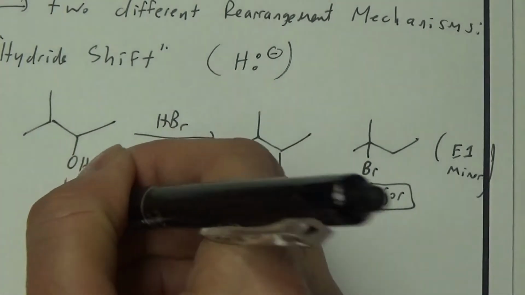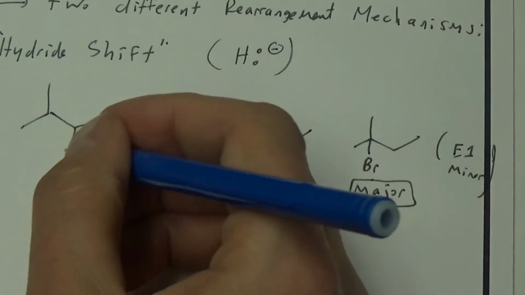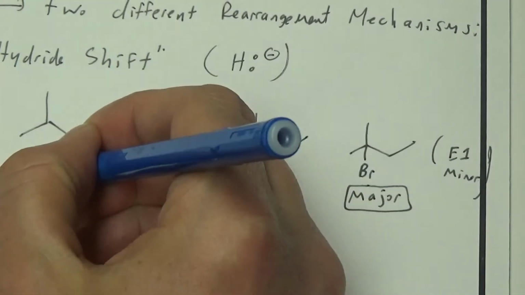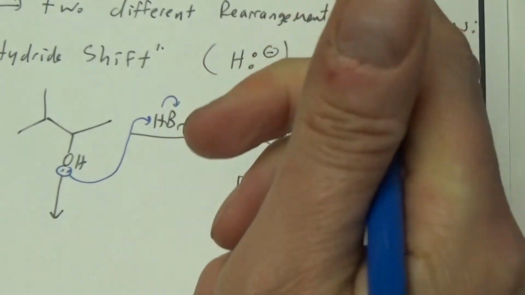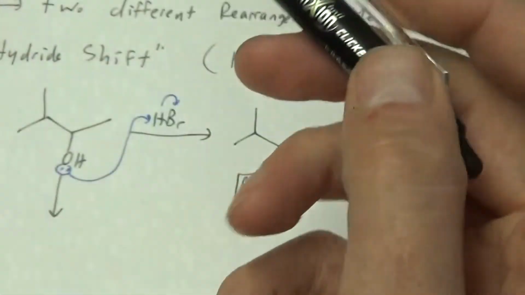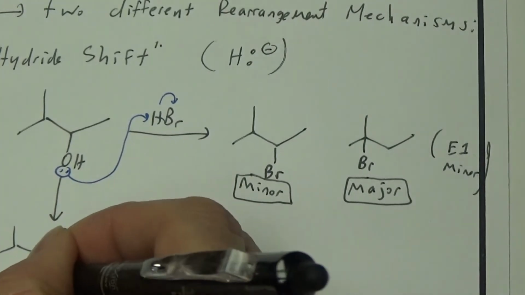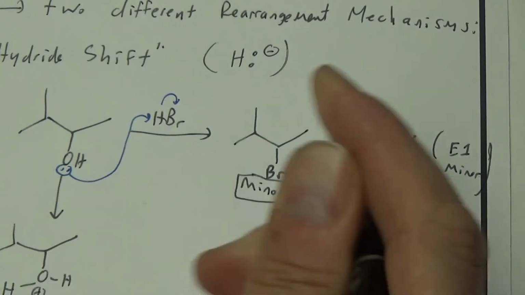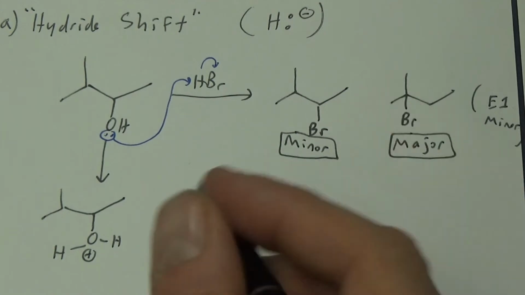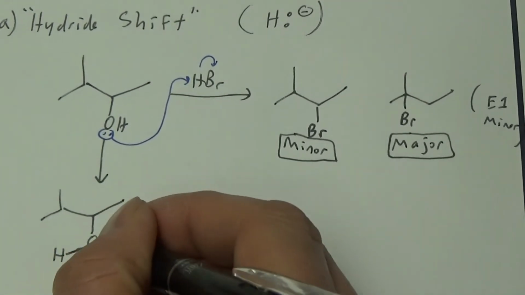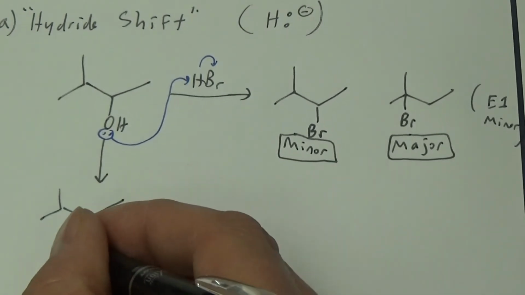What's the first step of the mechanism? We did this just a second ago. The oxygen is a base and grabs the proton, and then we have a protonated alcohol.